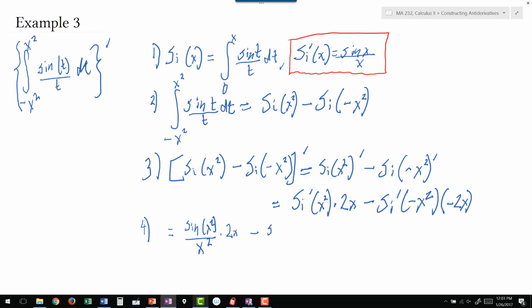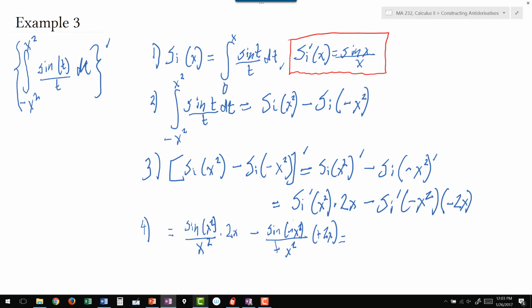Then I subtract off the sine of minus x squared over minus x squared, all times minus 2x. Now I can do some simplifying because I've got so many minus signs around.